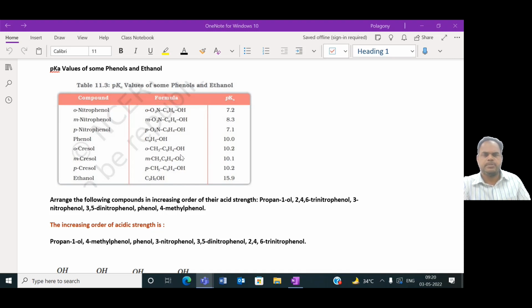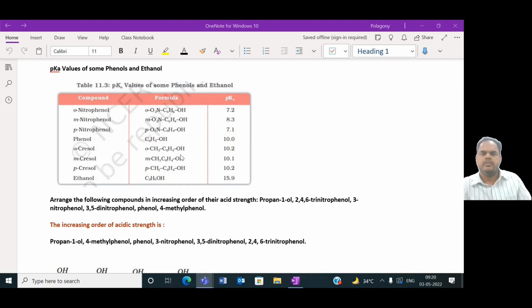Orthocresol, where a methyl group is present, is less acidic, and metacresol is a little bit more acidic. Paracresol, methyl substituted, has less acidic strength. Ethanol, an aliphatic alcohol, has very low acidic strength; its pK value is almost 15.9 or 16.